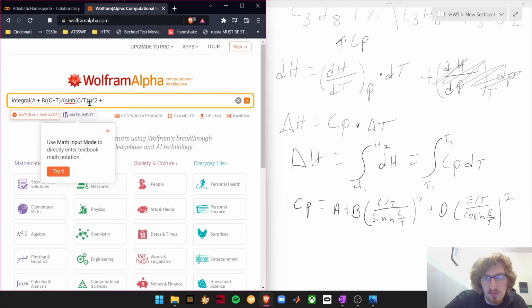Then we're also going to have plus D times the quantity E over T divided by cosh of E over T, squared.